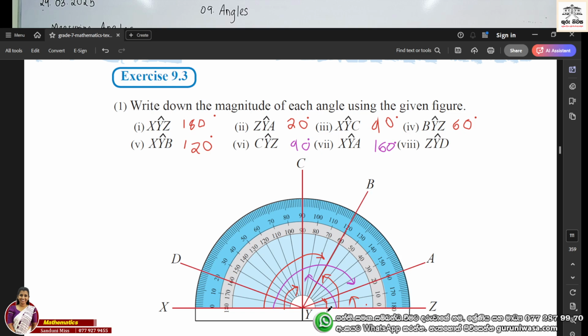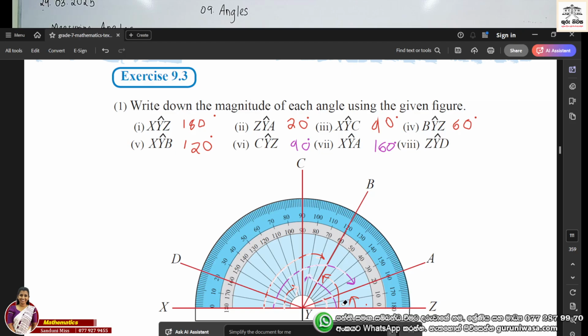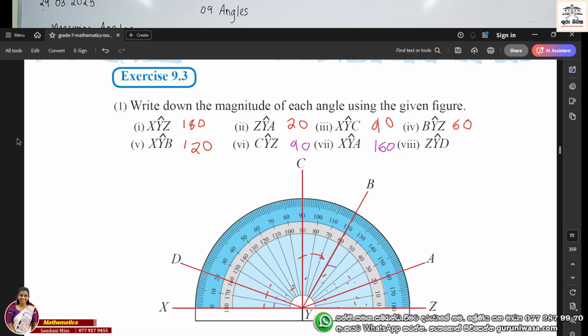ZYD. I will erase all this. ZYD. This angle.